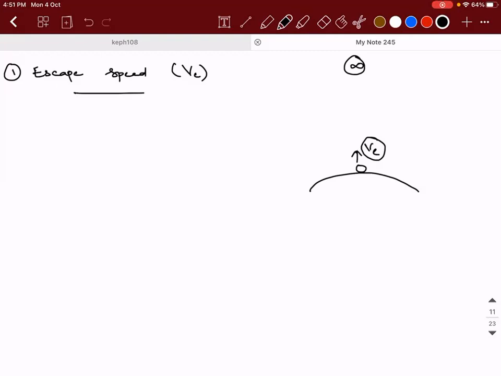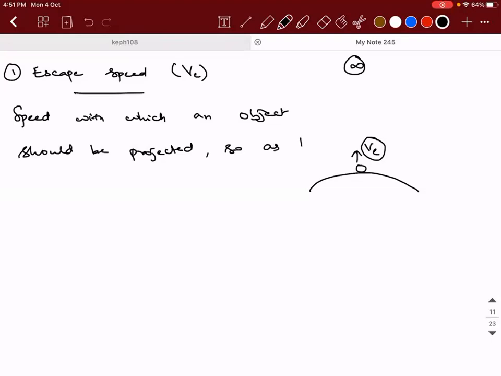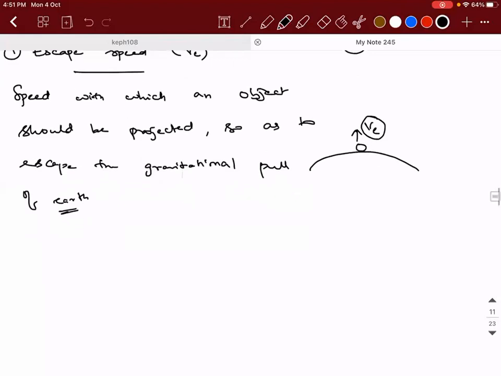So it's a one-step derivation. Speed with which an object should be projected so as to escape the gravitational pull of Earth. I'm talking about the escape speed of the particle from the Earth's surface.